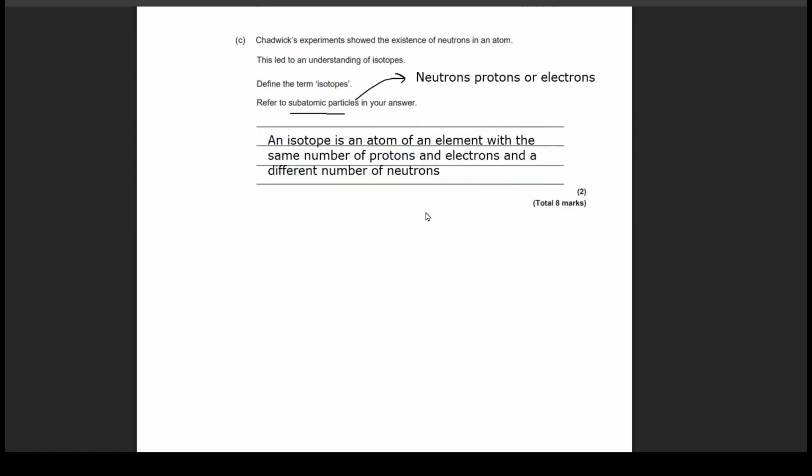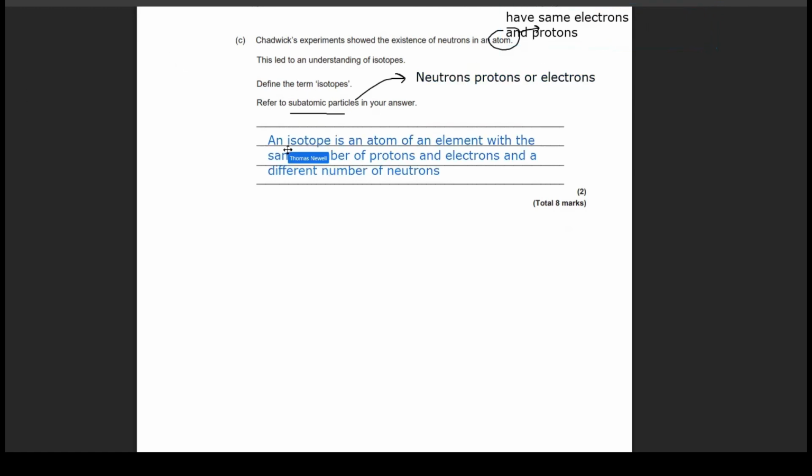Now, why can I say same number of electrons? Because specifically, they talk about an atom. Atoms have the same number of electrons and protons.